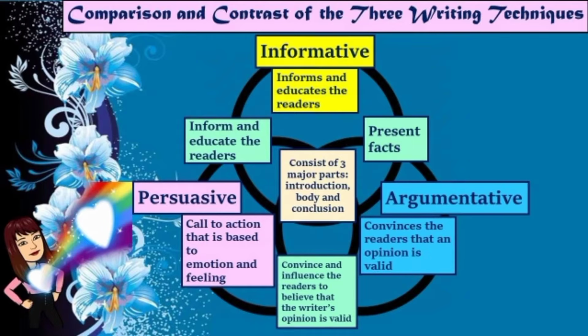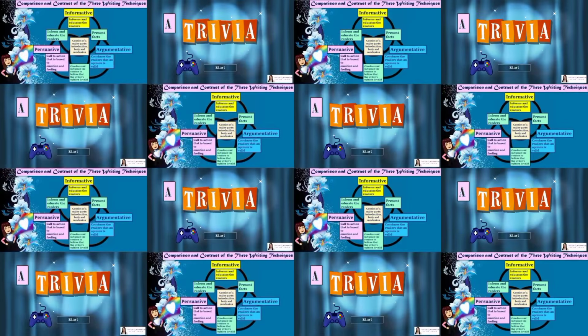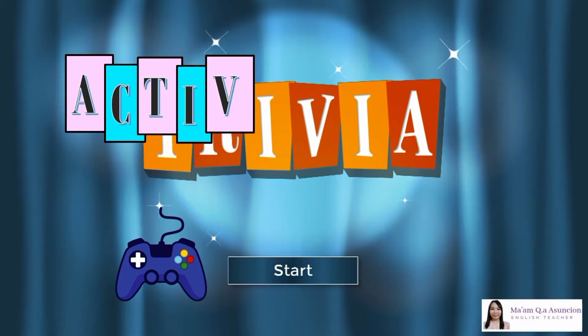Lastly, persuasive and argumentative both convince and influence the readers to believe that the writer's opinion is valid. The similarity of the three writing techniques is that all of them consist of three major parts, namely introduction, body, and conclusion. Now let's have some activities.